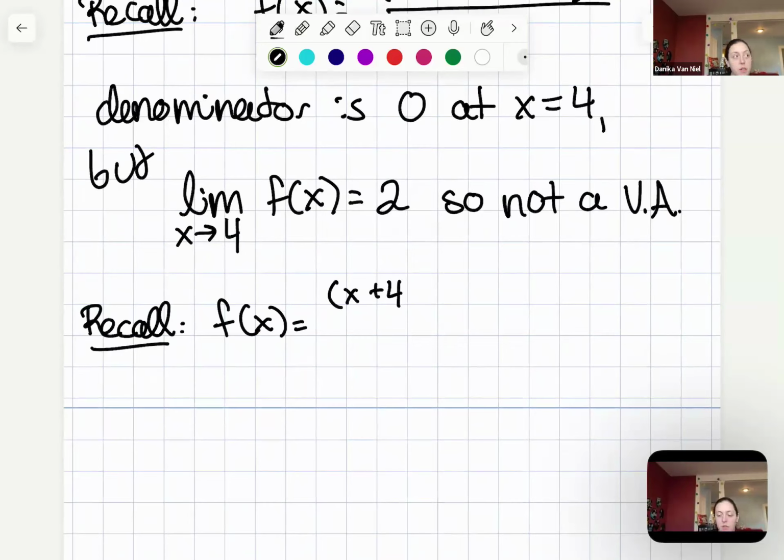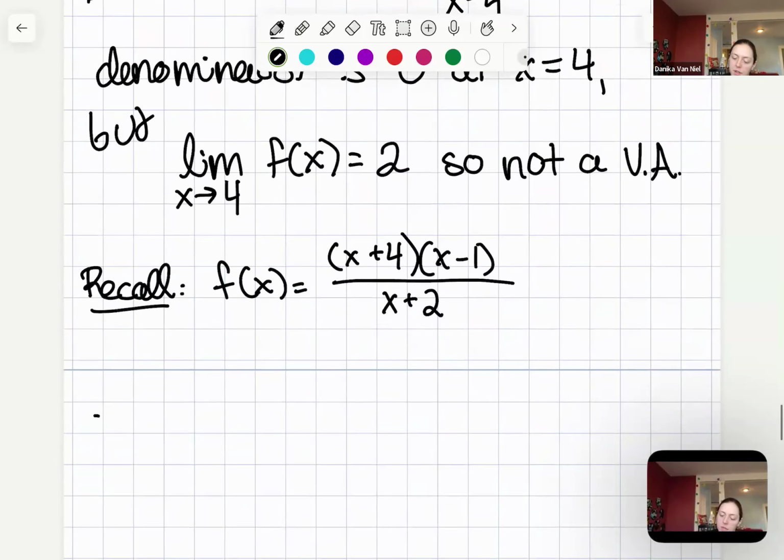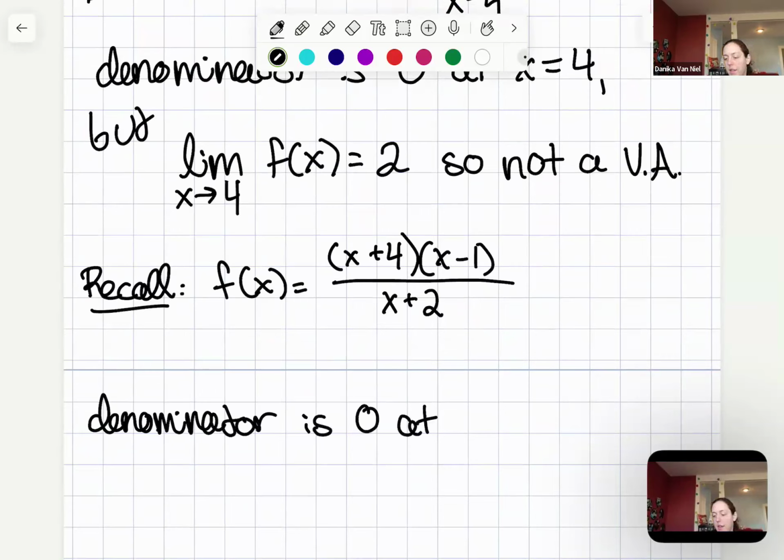So x plus 4, x minus 1, divided by x plus 2. So the denominator is 0 at x equals -2.